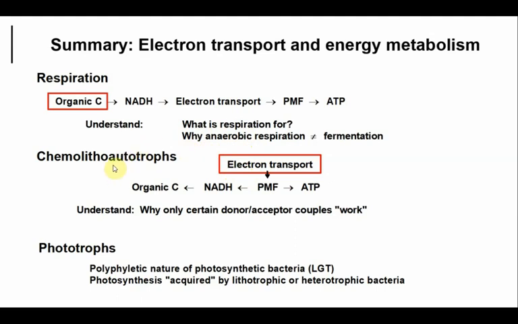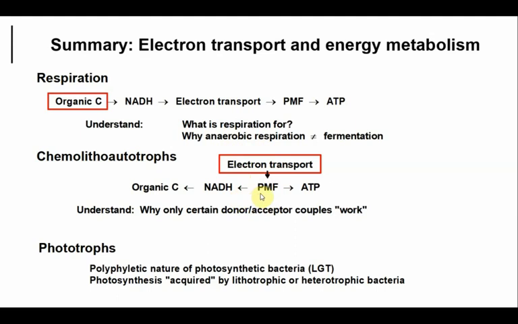Chemolithoautotrophs, well, they're kind of doing the opposite thing. The source of energy comes from some inorganic redox reaction. So this oxidation reduction will allow the bacteria to start generating some energy by electron transport. And this electron transport will generate at least proton motive force.